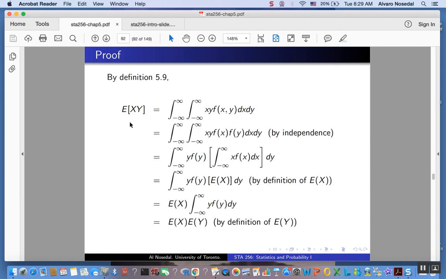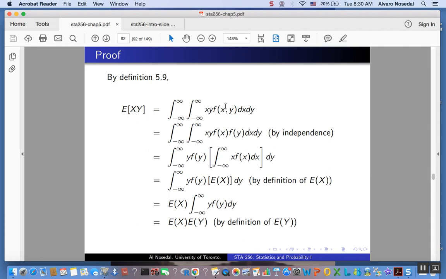Just to give you an idea of how these proofs work. We know that the expected value of a transformation is that transformation times the joint density, and we want a double integral. I'm showing you the proof in the case of two continuous random variables.